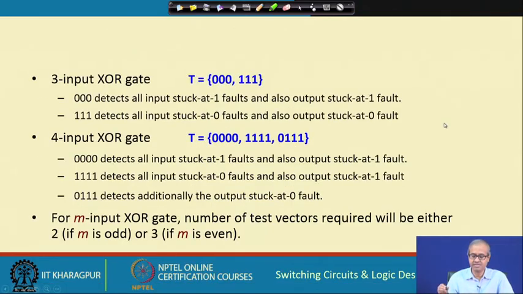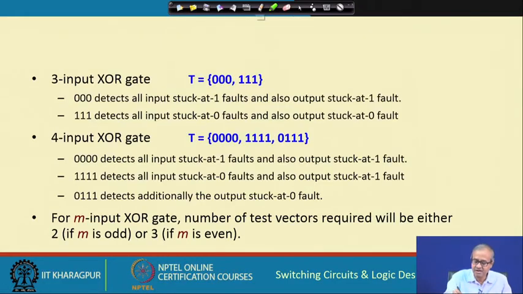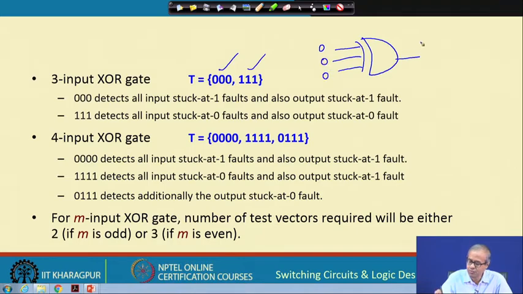Let us take some more examples. Let us take a 3 input exclusive OR gate, a 3 input XOR gate. I am saying that 2 test vectors are sufficient. Why? Let us say you apply 0 0 0, the output is 0. The property of an exclusive OR function is that whenever one of the inputs changes, the output also changes.